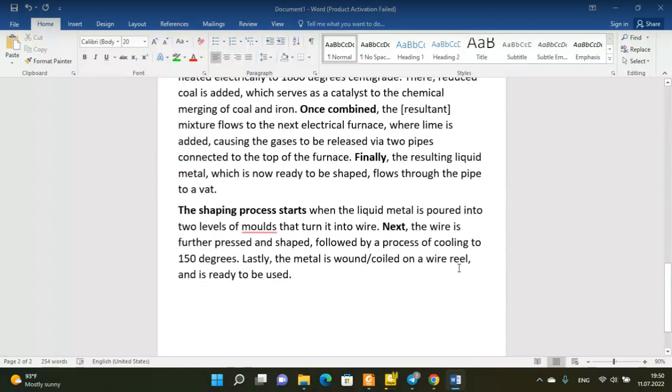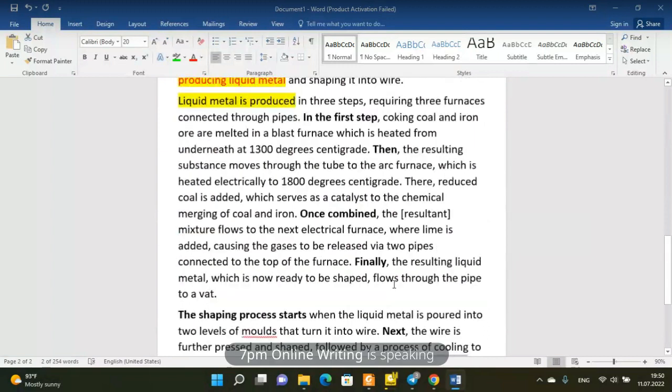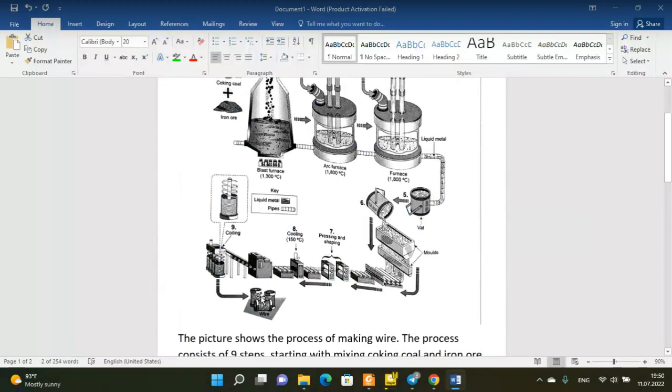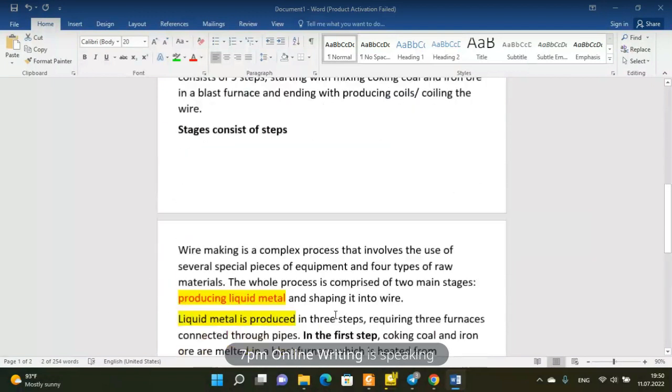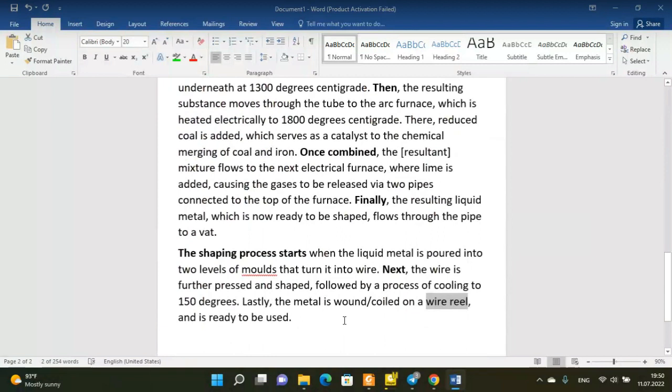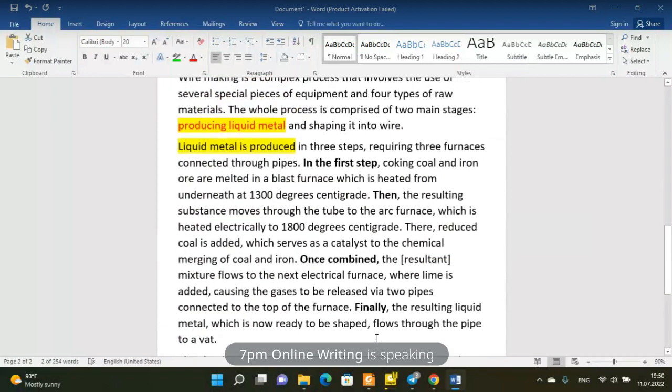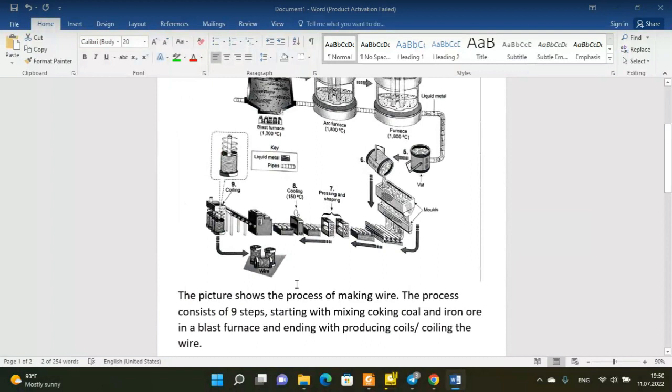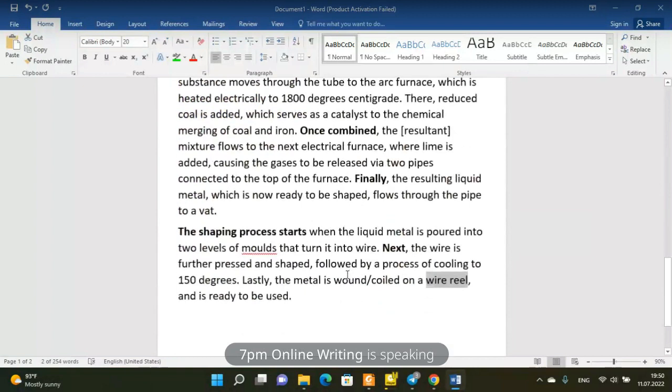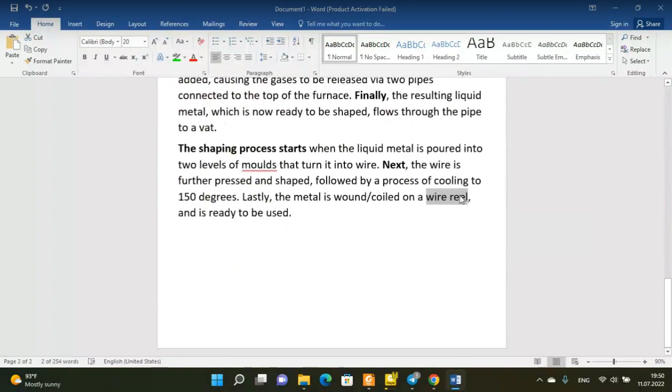And I'm going to be honest here, I added this wire reel later because when I was writing it, I didn't know what this thing was, right? In the original version, it was "then it is coil." I just said coil, and then I was curious about this, and I did some digging on the internet and found out that the word is actually reel, right?